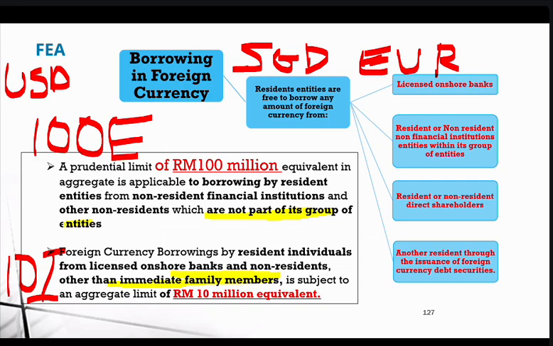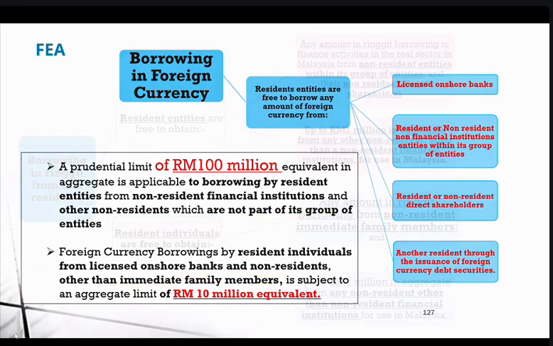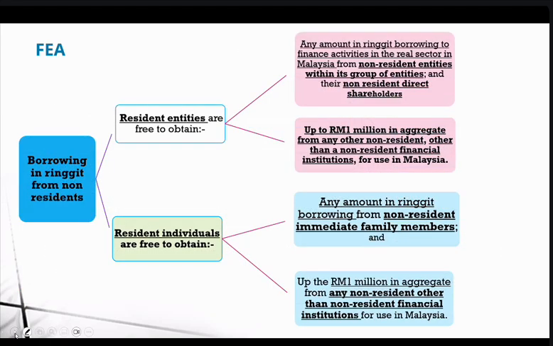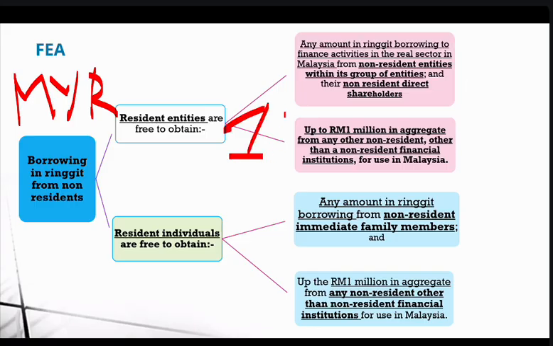Now, for ringgit, it is more strict. For ringgit, you write down 1E and 1I.